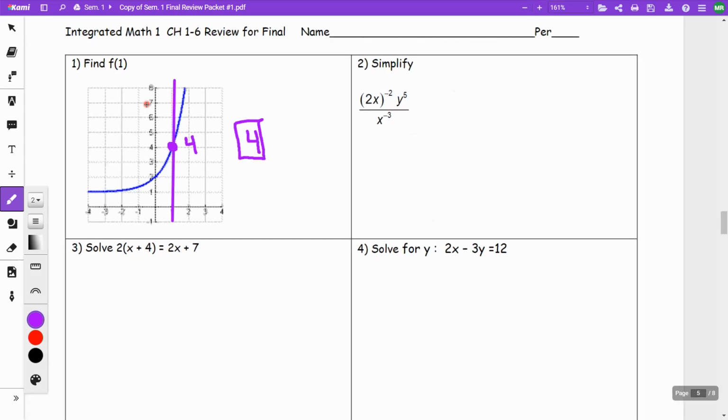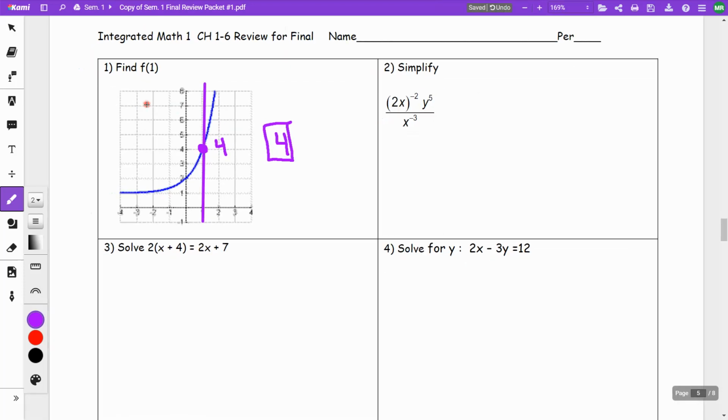On number 2, this and this both have negative exponents. So what I'm going to do first is I'm going to keep my y to the 5th on top. I'm going to take the 2x, and now it's going to be to the 2nd power, and then my x to the 3rd power.